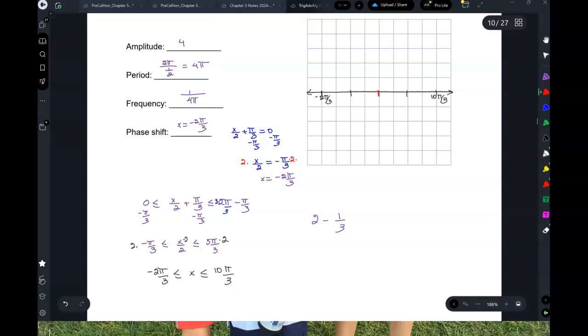Okay. So here we go. Look. Halfway between negative 2 pi over 3 and 10 pi over 3. Halfway of 8 pi over 3, that's 4 pi over 3.